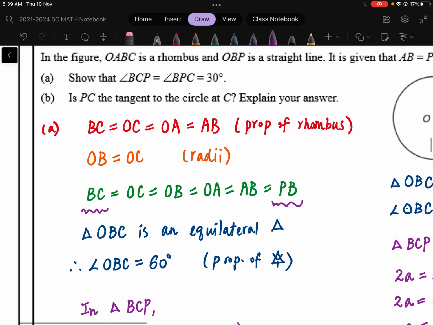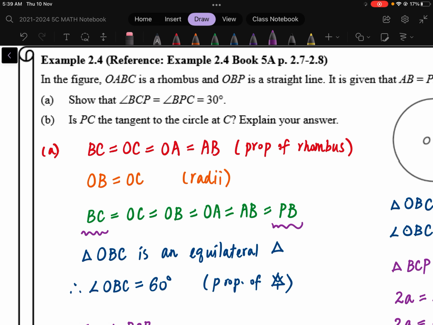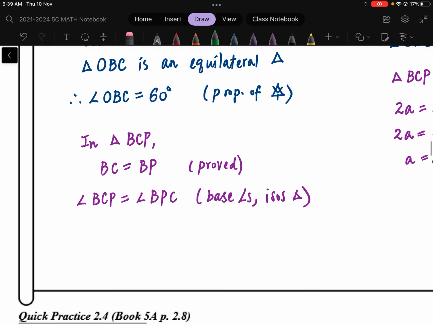Because in the first part of part A, we want to show that these two angles are equal. But in the next step, we have to show that they are both equal to 30 degrees. So let's continue. So I'm going to let these two angles be A, which will be easier in our calculations.